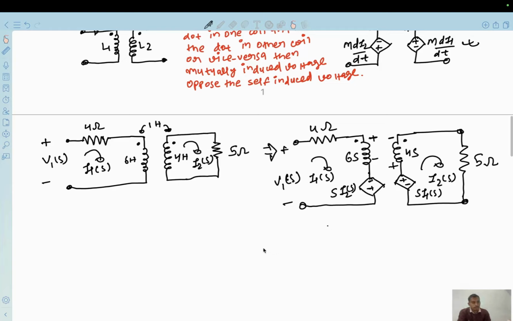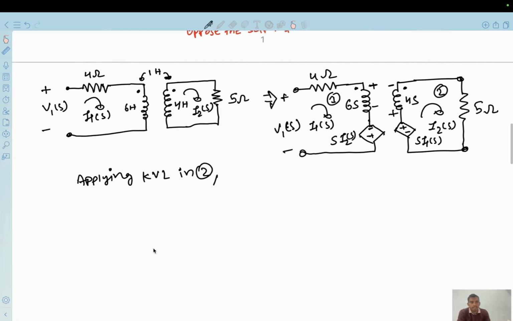Now we just need to apply two KVL, one in this circuit and the other in this circuit. Let us suppose this is circuit 2, this is circuit 1.